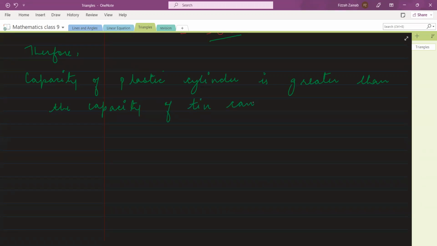And by how much? That means what is the difference in the capacity? So you can write difference, that's it. So difference is, plastic container is having 385 centimeter cube and this tin can is having 300 centimeter cube. So 85 centimeter cube, right?